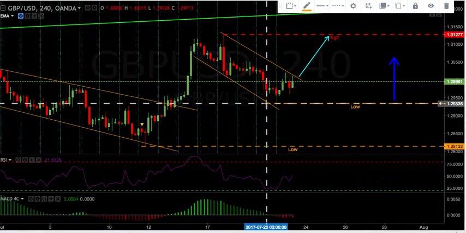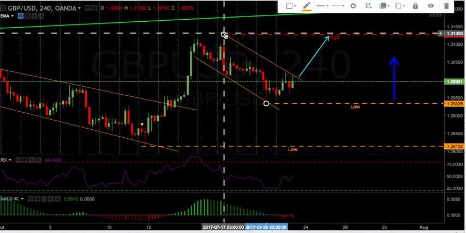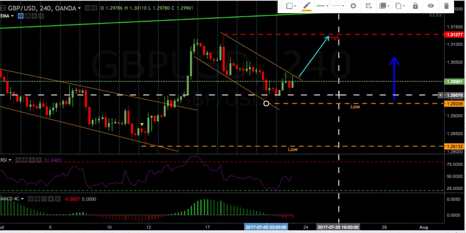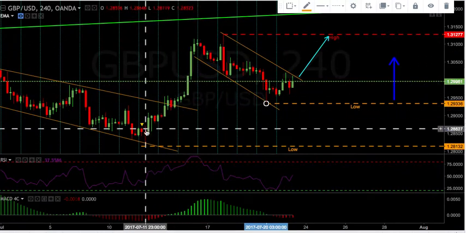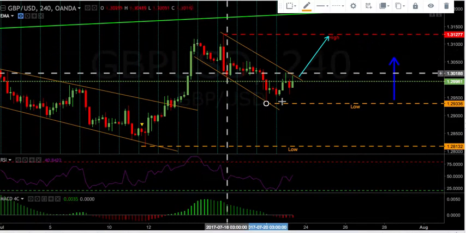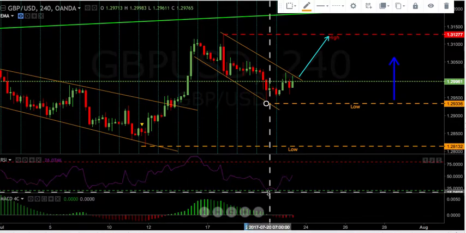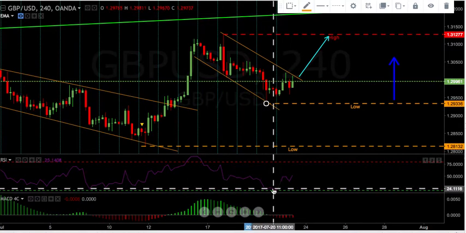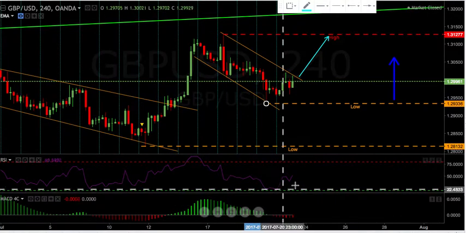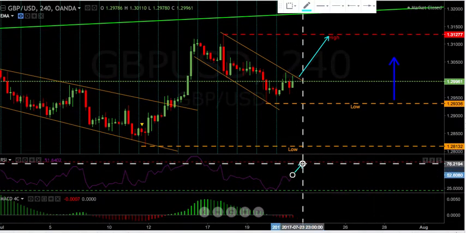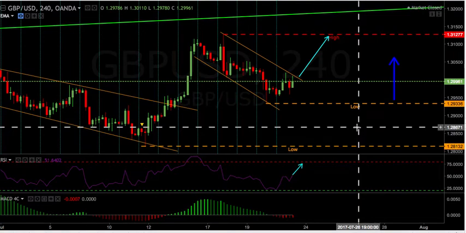Here's the current low, here's the current high, and until price breaks one of those two, we are still holding on this bullish impulse that we had earlier. RSI just has come from being oversold, so we're on our way up. So let's anticipate some more movement, bullish movement on the cable.